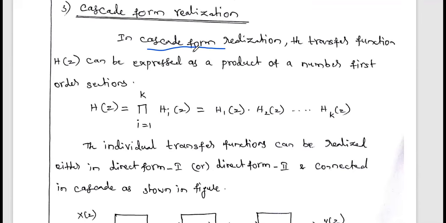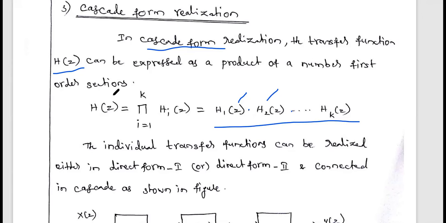In cascade form realization, given a higher order system with transfer function H of z, we can split the transfer function into a product of single order systems. You see H of z can be split as H1 into H2 into up to Hk of z, where H1, H2, H3, etc. are single order systems.